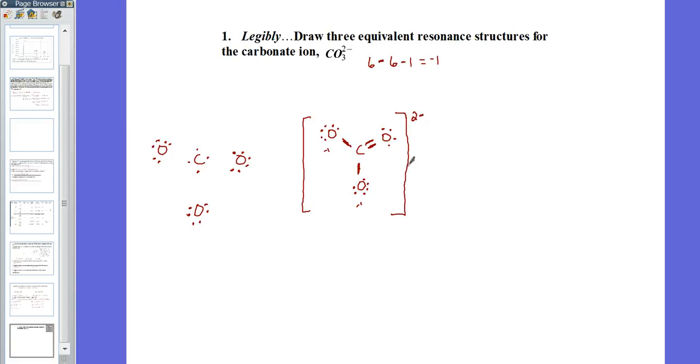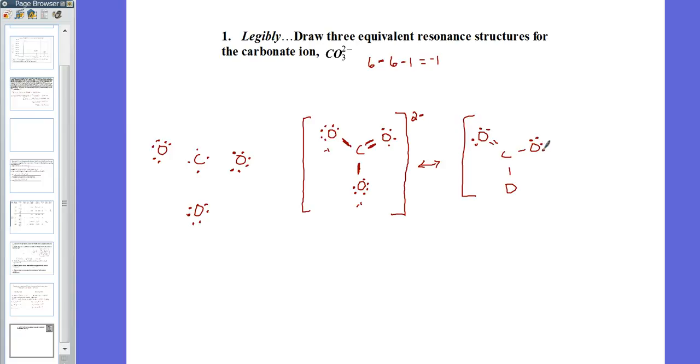And then to draw the equivalent resonance structures, you put an arrow, and you're going to push electrons around and move your double bond. So in other words, electrons from right here flip down, form the double bond, and kick electrons out back over to this oxygen. So you have now oxygen with its double bond to carbon, carbon with a single bond to each of the other oxygens, and 4 electrons now on that one.